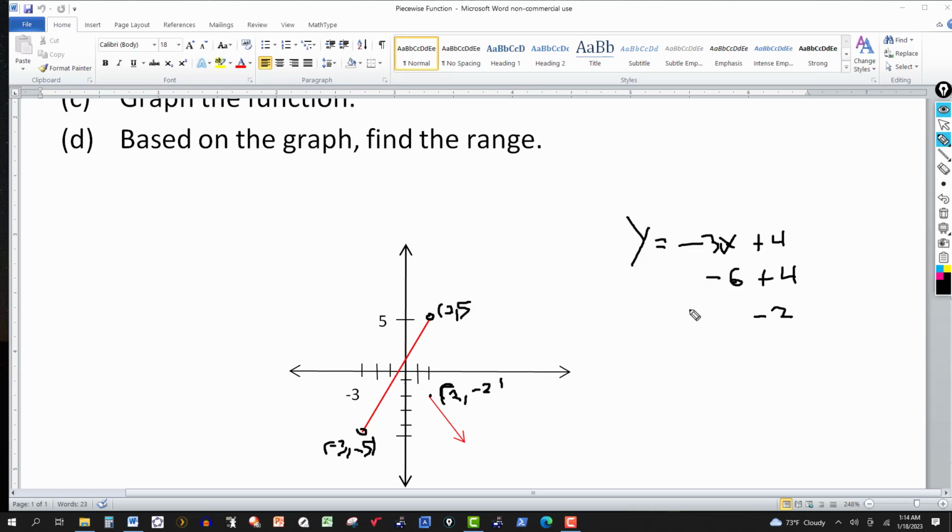And then a y-intercept for this one would be x equal to 0 and 4. But we didn't list that one because that's going to be outside the interval. 0 and 4 would be somewhere up here, in this quadrant over here. So that's to the left of this point here, 2, -2. Or we can use it to graph it.